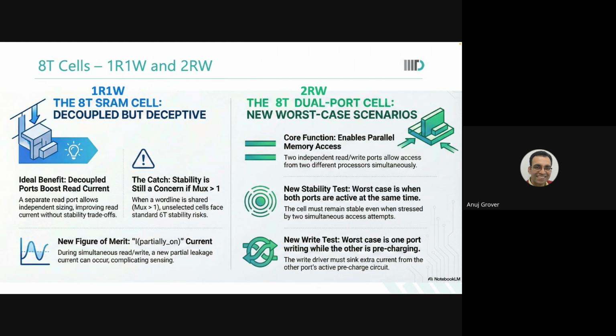See, why do we make the pull down large? Why do we make the pull down large? To sink the current with a small VDS so that Vx remains small. Now you make it small, make the pull down small. What happens? Now it can obviously sink the same current as pass gate is sinking.